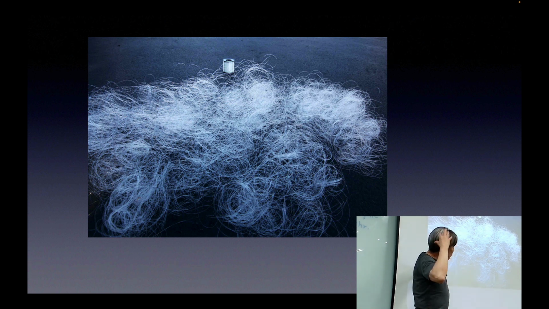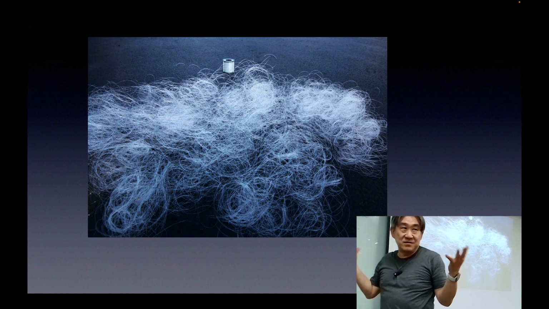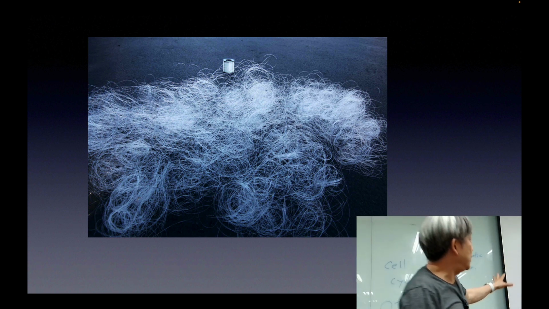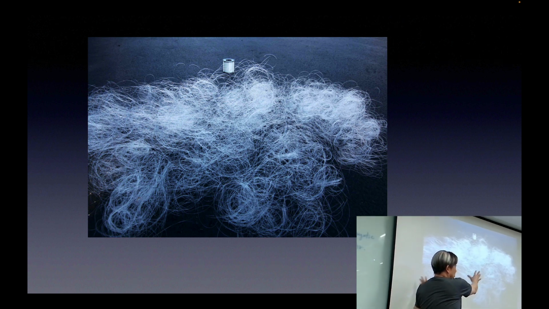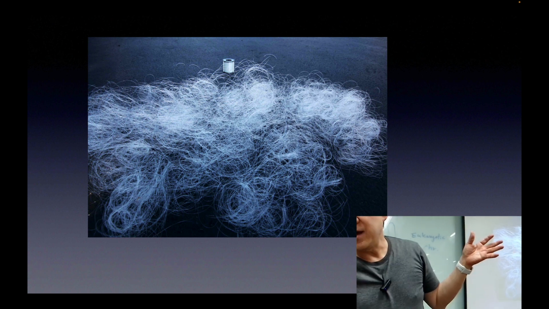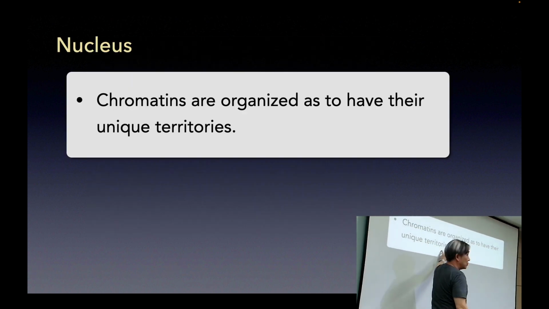Probably that's what you would imagine, most of the time, your chromatin would exist like this, but that turns out not to be the case. Even during this period of unorganized chromatin, they strictly have their own unique territories.